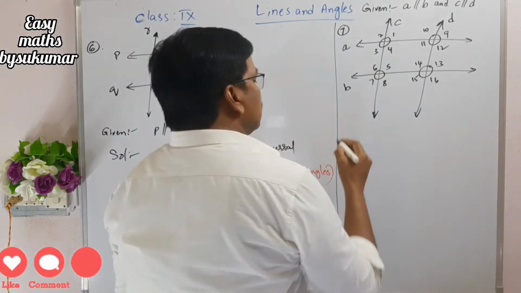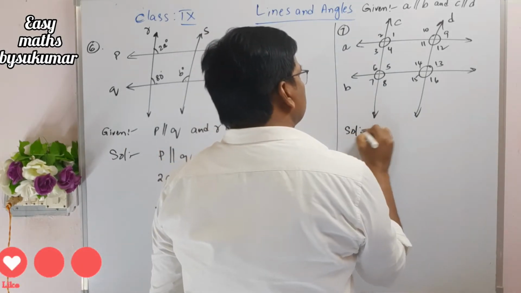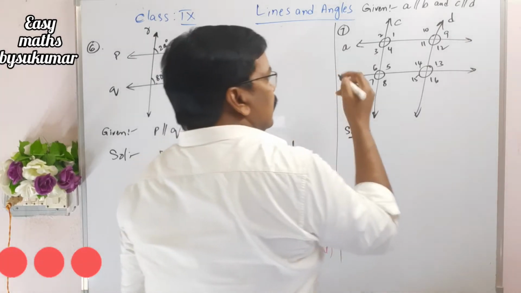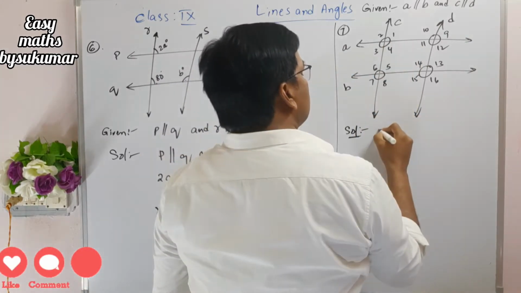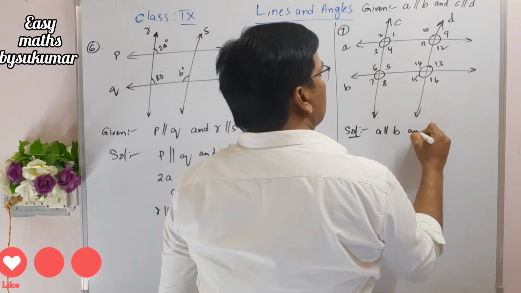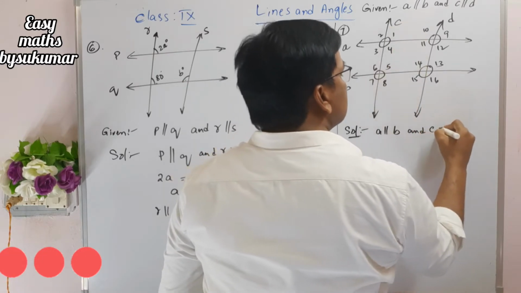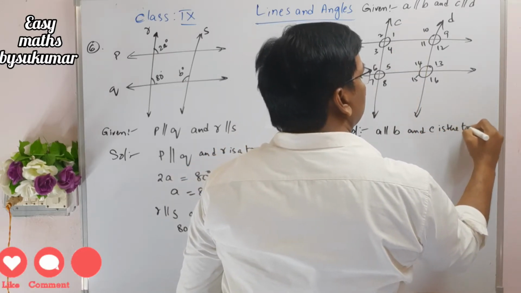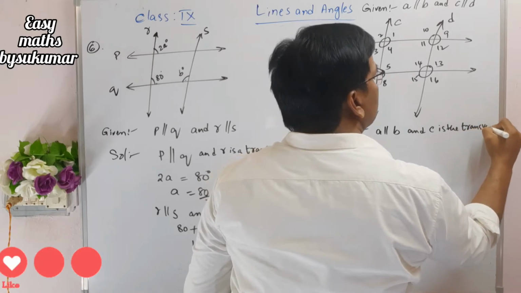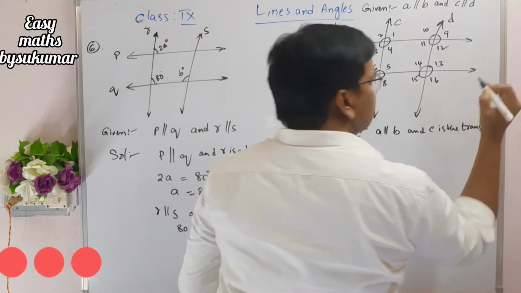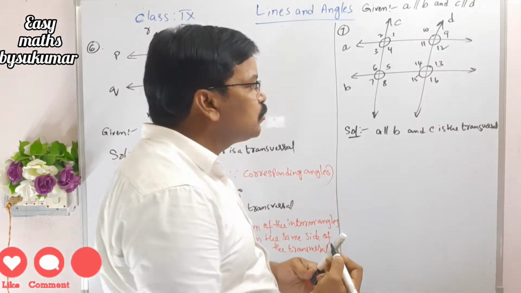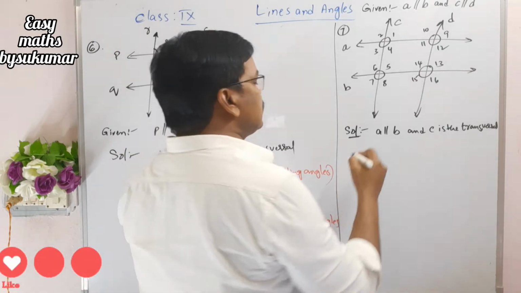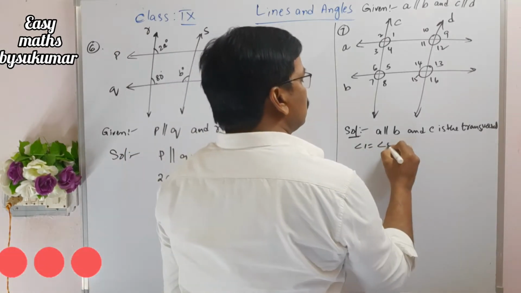Now, coming to the solution, look, angle 1: A is parallel to B, and what is the transversal? C is the transversal. If A is parallel to B and C is the transversal, then angle 1 is equal to angle 5.